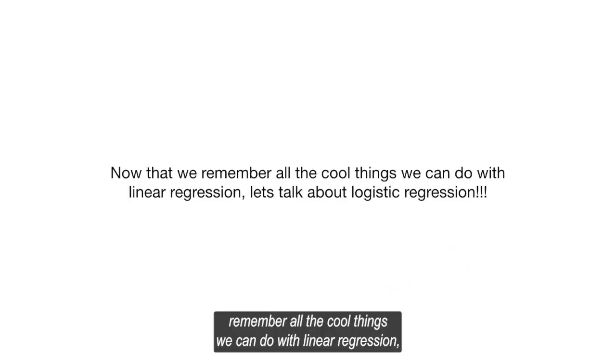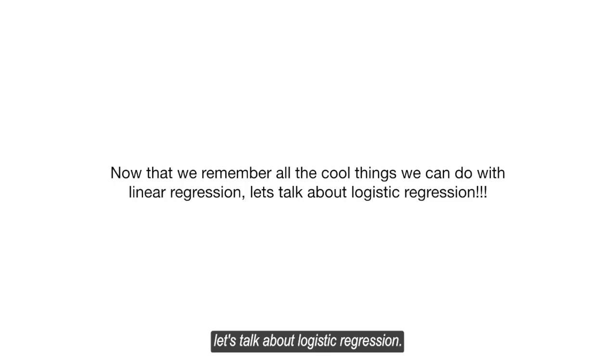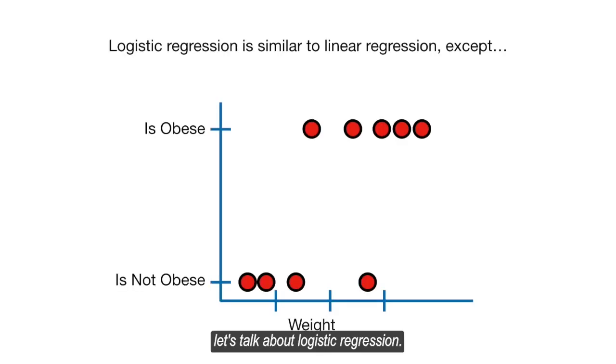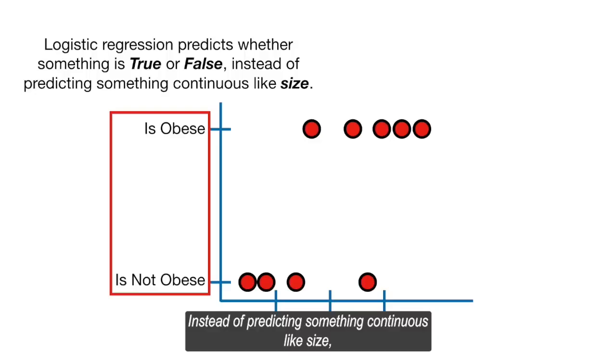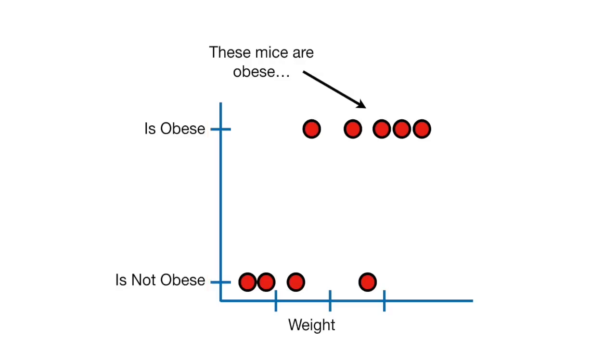Now that we remember all the cool things we can do with linear regression, let's talk about logistic regression. Logistic regression is similar to linear regression, except logistic regression predicts whether something is true or false, instead of predicting something continuous like size.